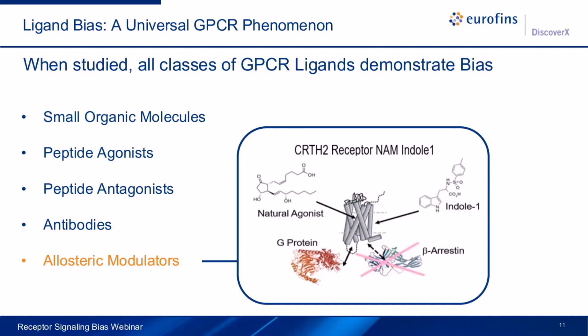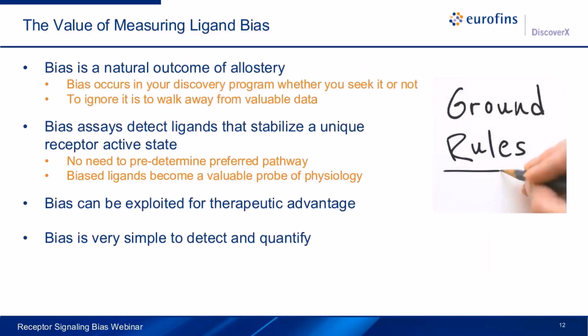This latter one is something that I'll return to at the end of this talk. It's a topic we can't expand upon now, but we could at a different time, where all allosteric compounds actually induce bias in natural signaling.